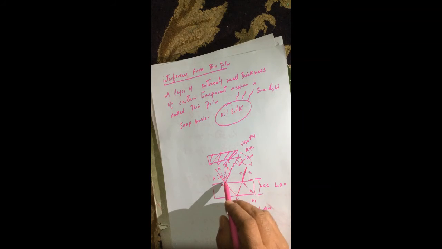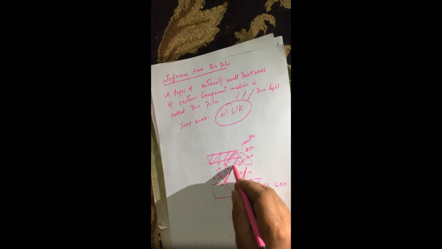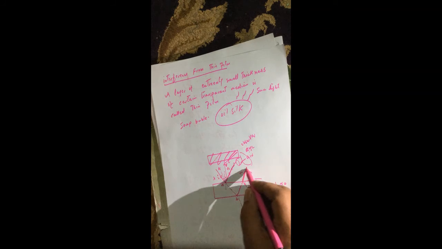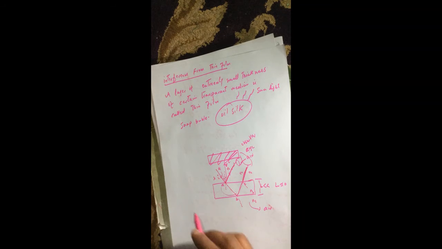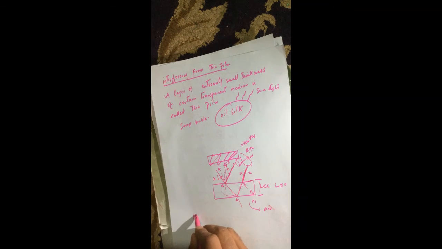So there is a path difference, like the path of this ray is this one and the path of this ray is this one.